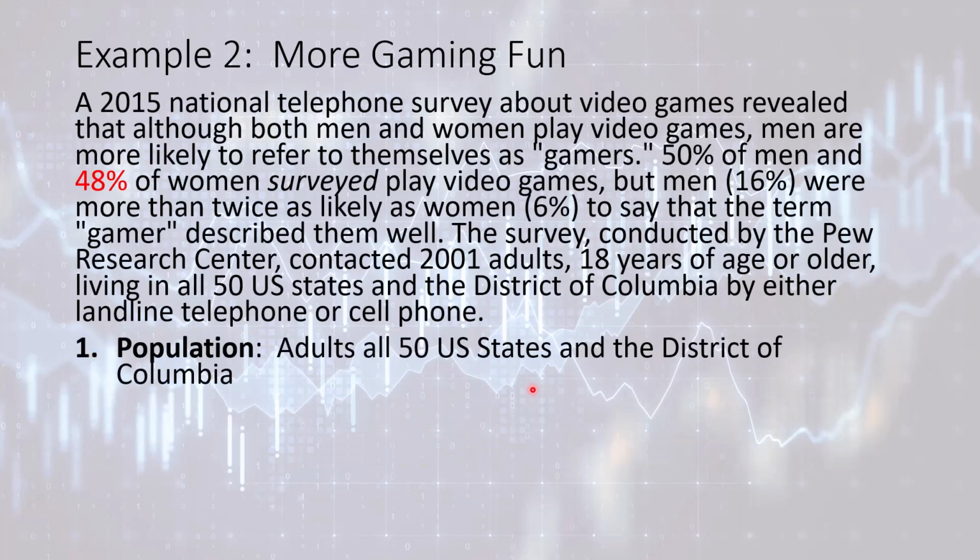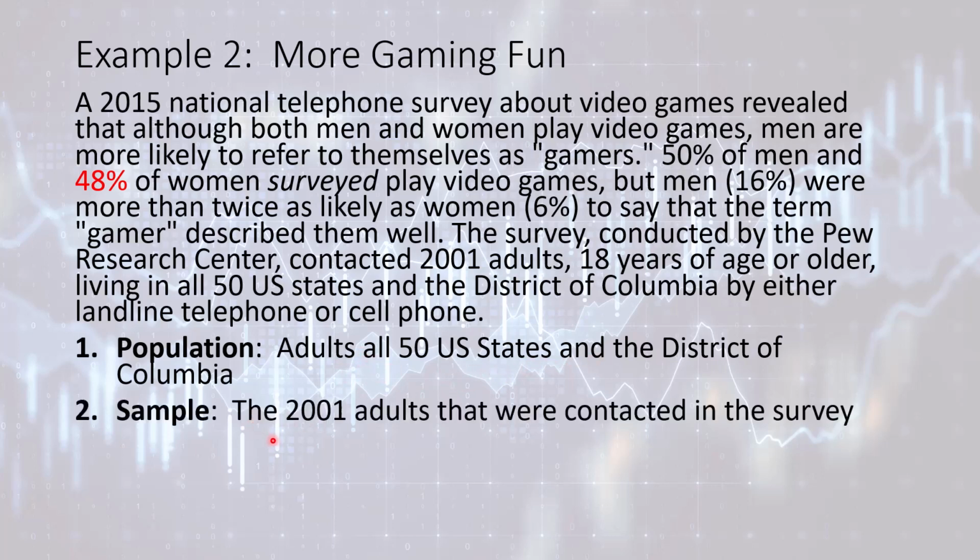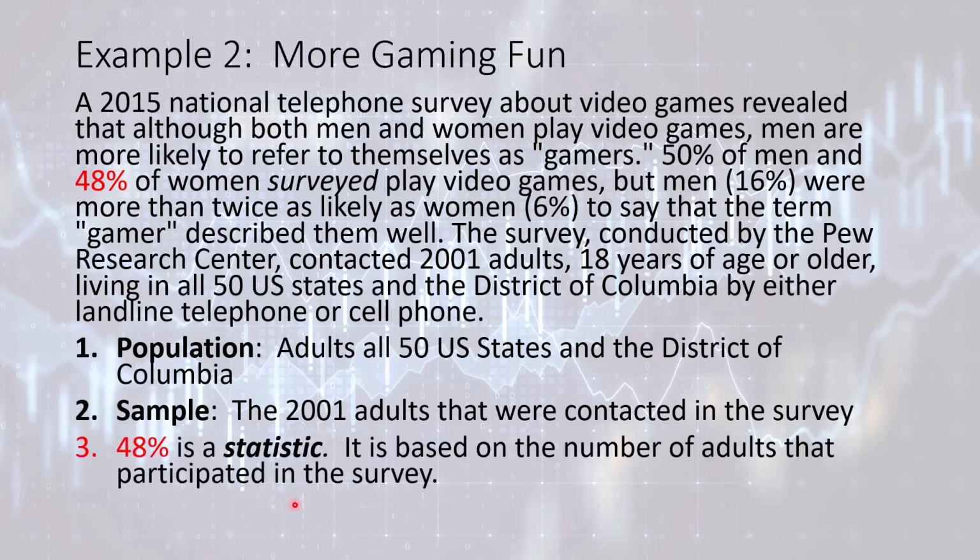So what do we have? We have that the population is going to be the adults in all 50 U.S. states and the District of Columbia. The sample are basically the 2,000 adults that were contacted in the study, and then this right here is a statistic because it is based upon the results of the sample.